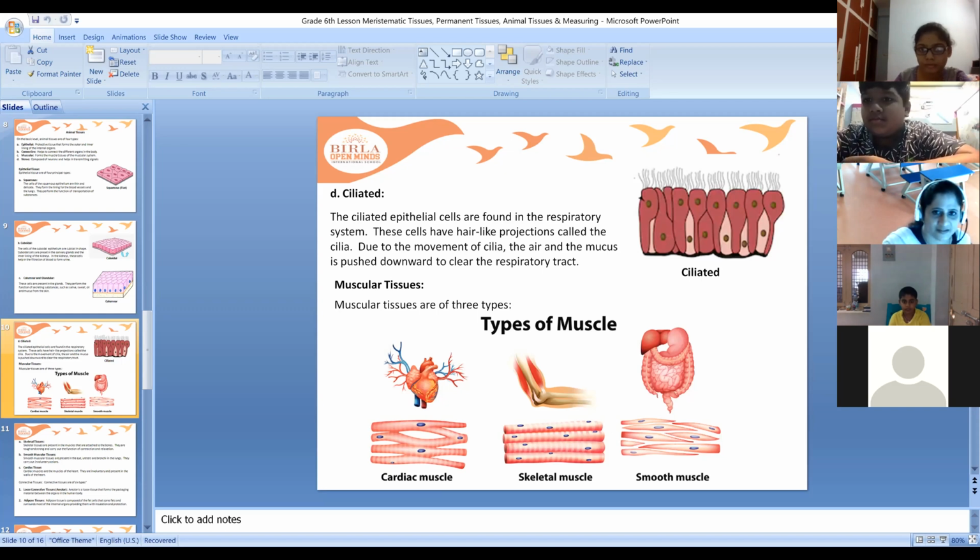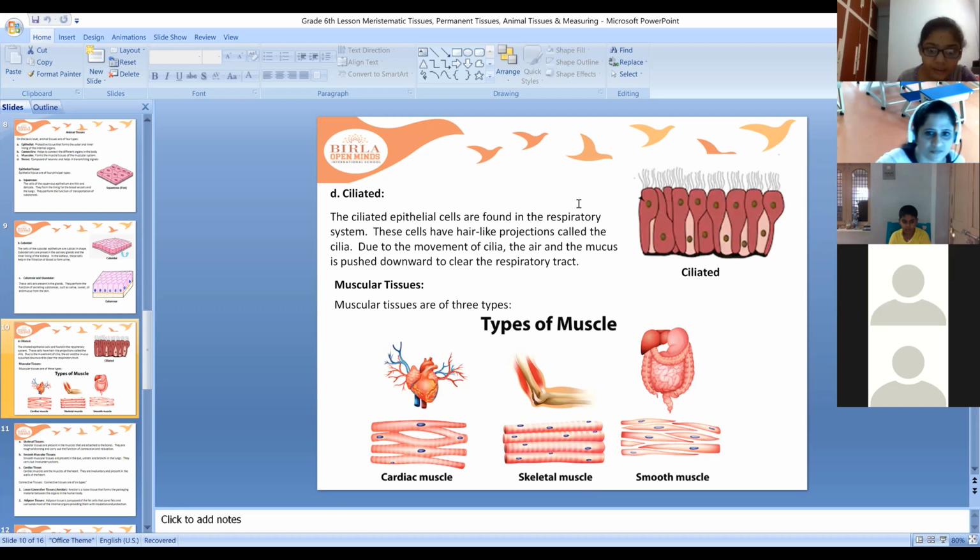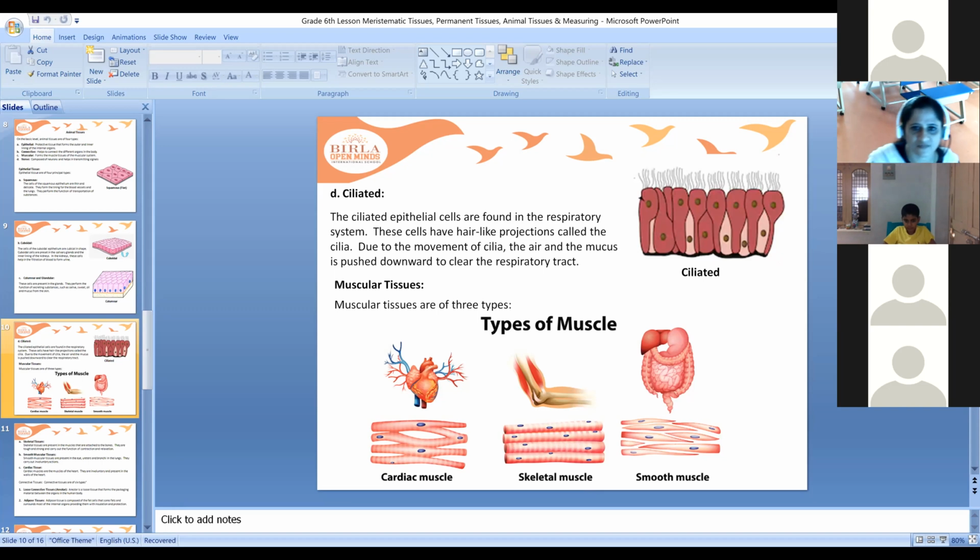Yes, Srikshita, can you tell me? Smooth muscles help in? Where are smooth muscles present, Srikshita? Smooth muscles are present in?